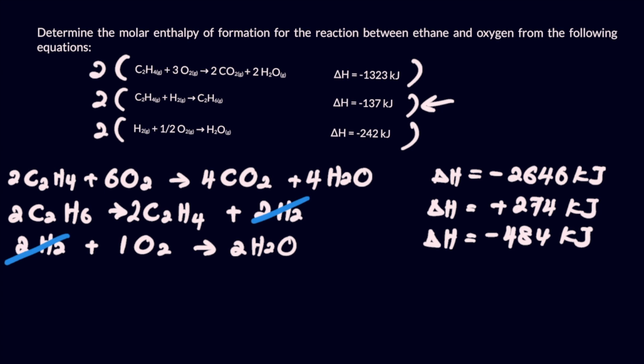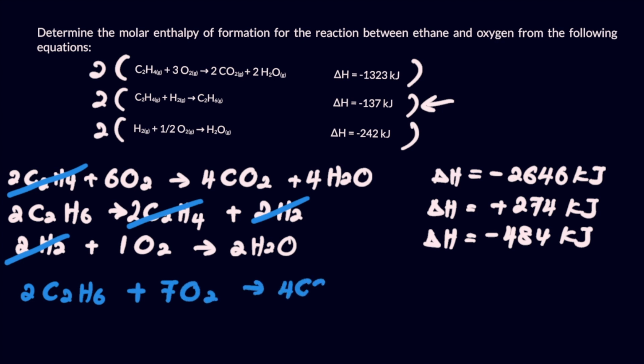Same goes with C2H4. We have one at the reactant and another one at the product. Okay, so after that whatever is left is 2C2H6 plus 7 oxygen will produce 4 carbon dioxide plus 6 mole of water.